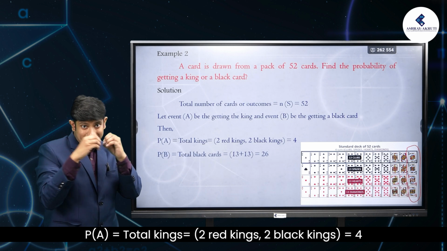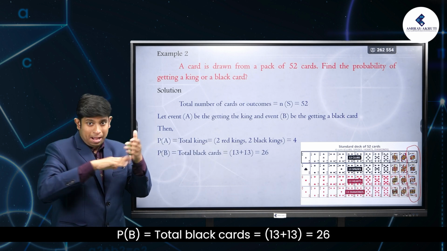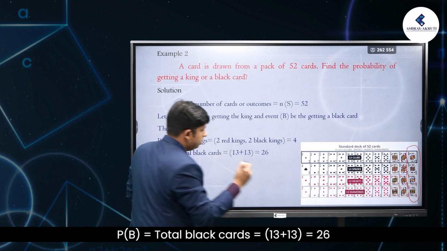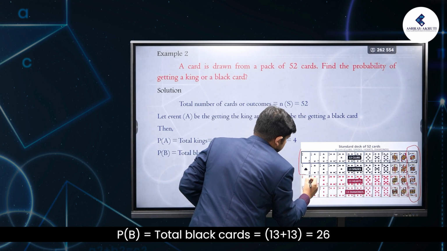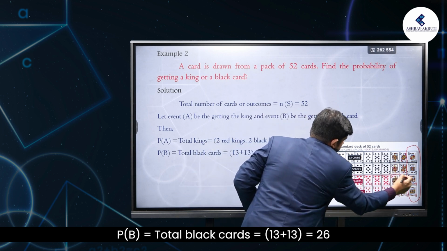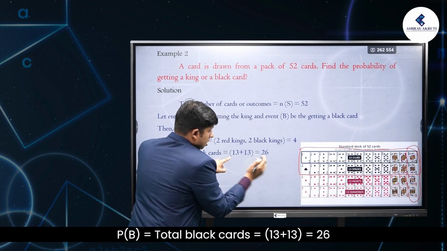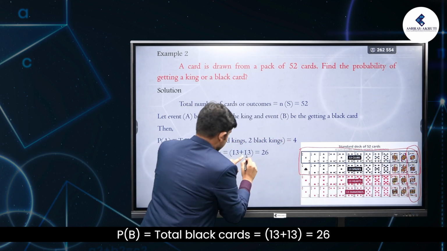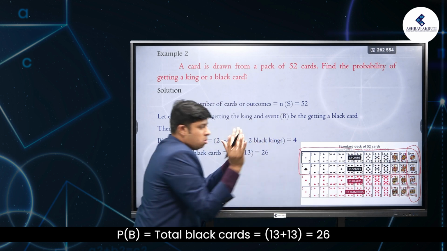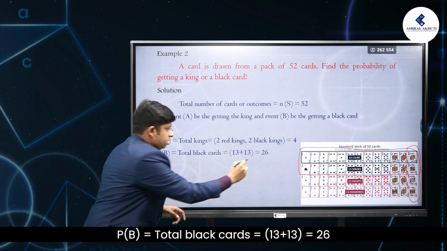P of B is equal to total black cards, that is equal to 13 plus 13, that is equal to 26.